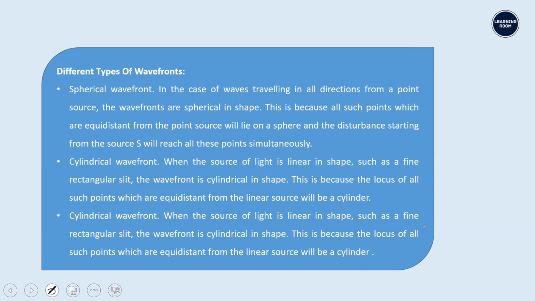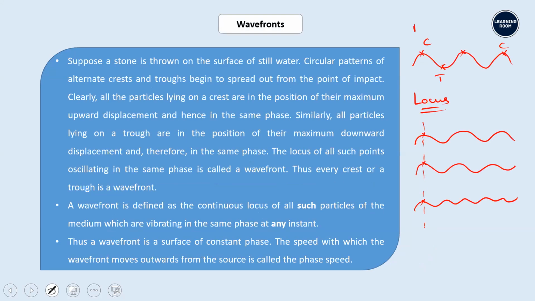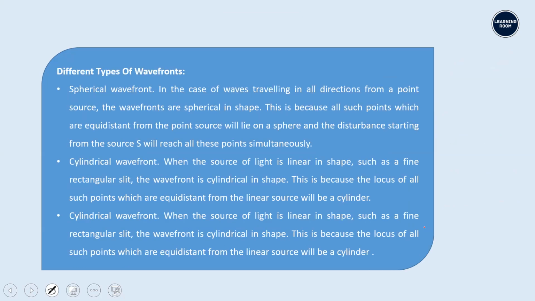Now I need to discuss the different types of wavefront. Like how I told you, wavefront is basically a shape obtained by joining all the points in the same phase.